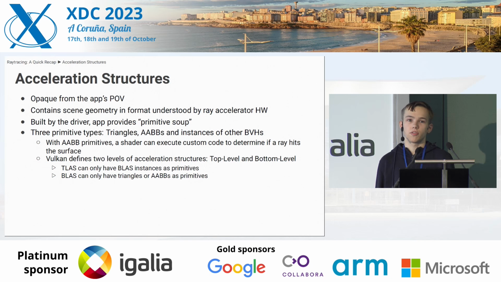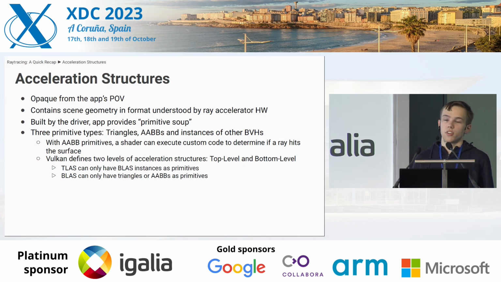If you have geometry that's not defined by some amount of triangles, but rather by some equation, you can put in the AABB of this primitive that's going to be defined by the equation, and then you give the driver some piece of code that will calculate whether a given ray intersects with that geometry or not, and that way you can have any sort of intersection function or geometry that you actually want with this ray tracing.